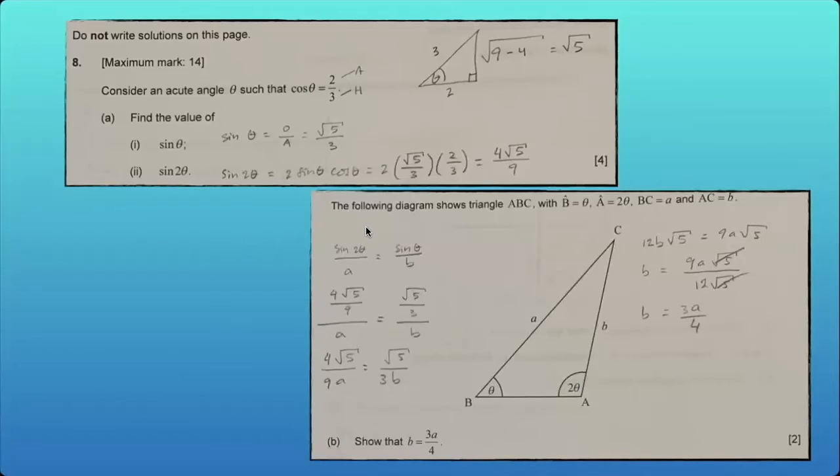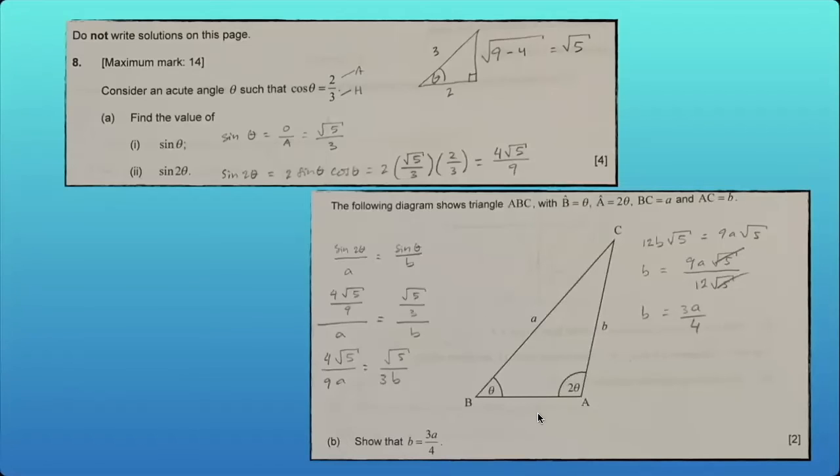Moving on to the next question. The following diagram shows triangle A, B, C with angle B is equal to theta, angle A is equal to 2 theta, BC is equal to A, AC is equal to B. Show that B is equal to 3A over 4.